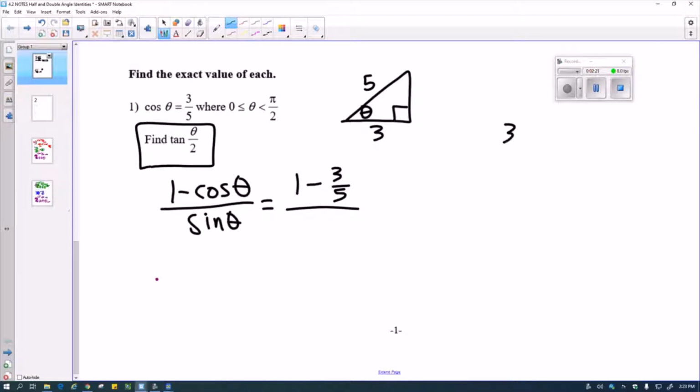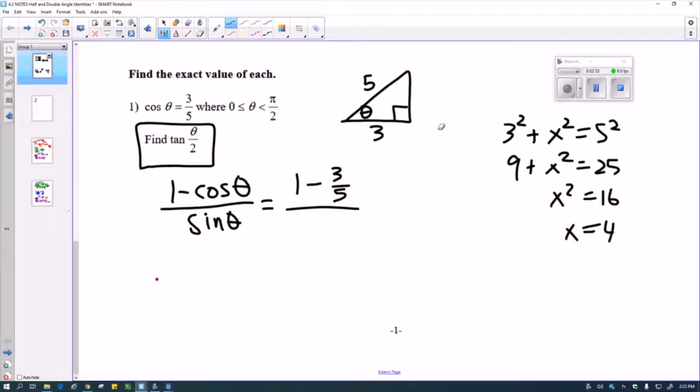So 3 squared plus something squared is 5 squared, and I just work my way through that. So it turns out that the missing side is 4. And sine is opposite over the hypotenuse. I'm just doing SOHCAHTOA, opposite over hypotenuse. So the sine is 4/5.